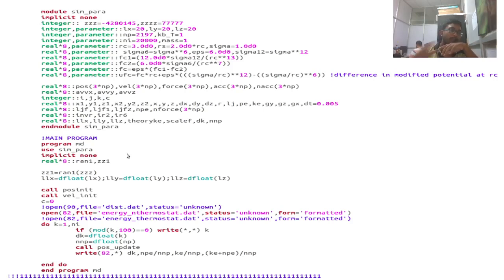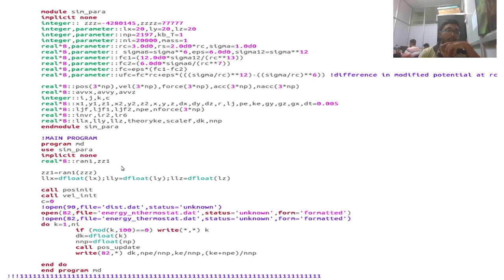After that we have to write the main program, which is program MD, molecular dynamics, and there we have used the module sim_para, which has been defined here. And then we have used implicit none, so no parameters have been given a type implicitly, rather we have to give types to all of the variables explicitly, as we do in all Fortran codes.